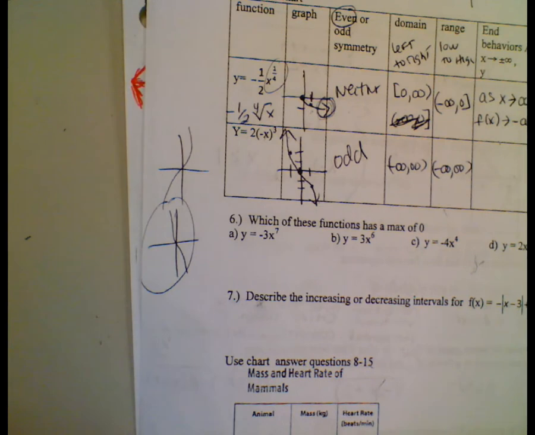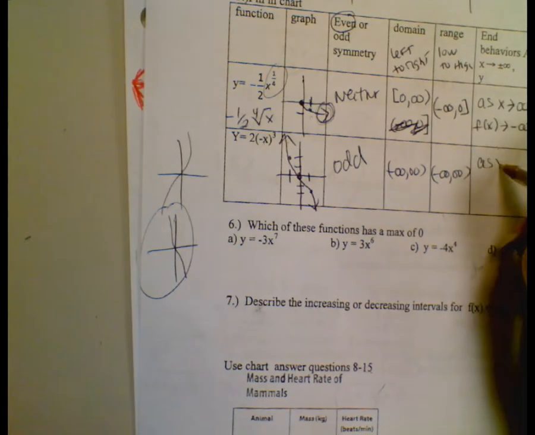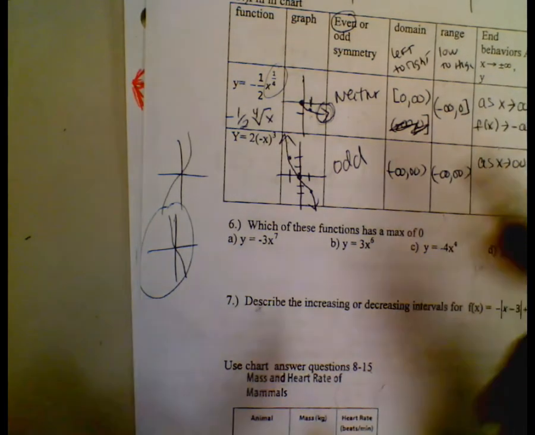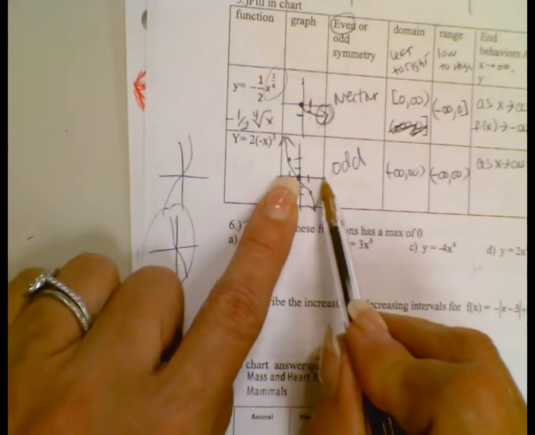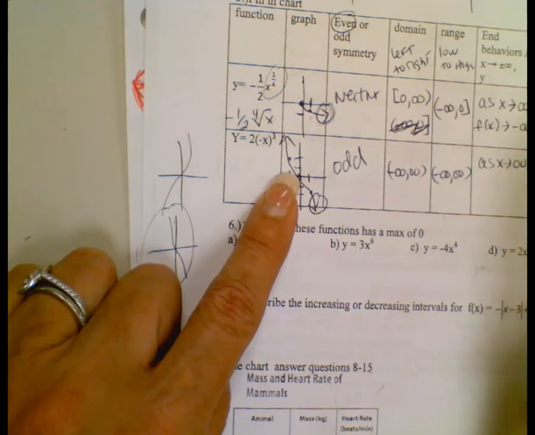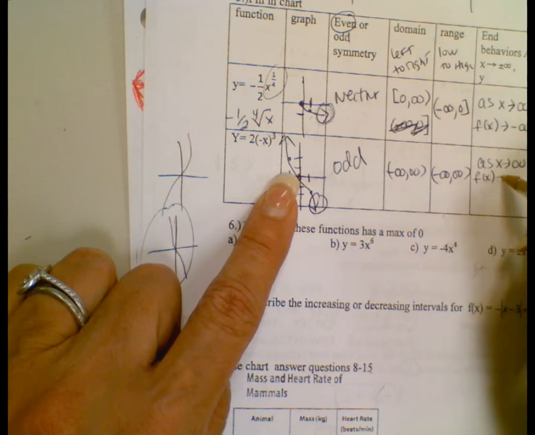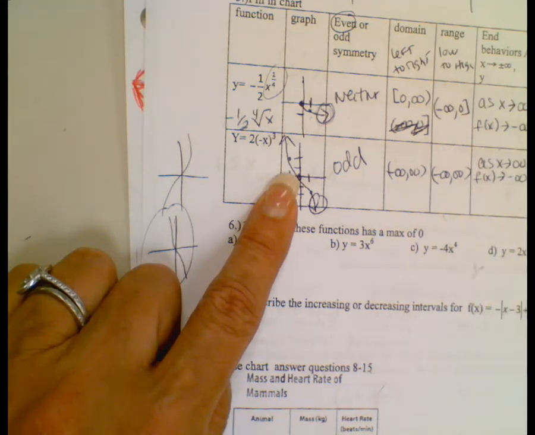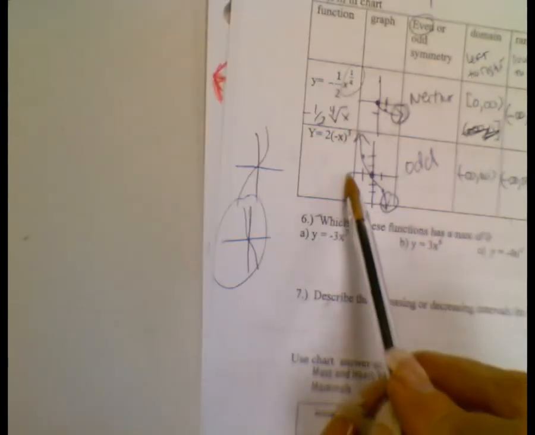What's the end behaviors? So as x goes to the right, that's this side. As x goes to the right, what is its end behavior doing? It's going lower, lower, lower. So you'd say f of x approaches negative infinity. Now we're going to talk about the left side.